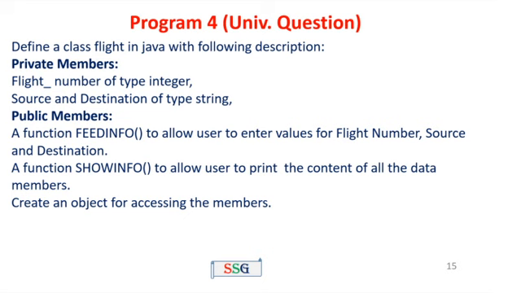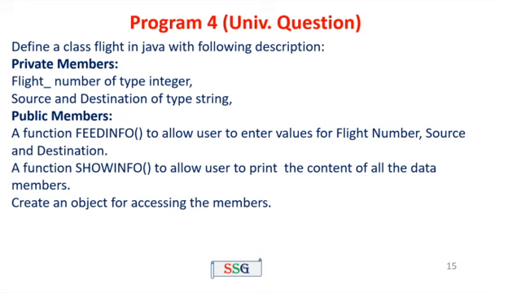Okay. Then public members, a function called feedInfo(). This function allows the user to enter values for flight number, source and destination. That means this function gets the input from the user for the variables flight number, source and destination. A function showInfo is used to allow the user to print the content of all the data members.